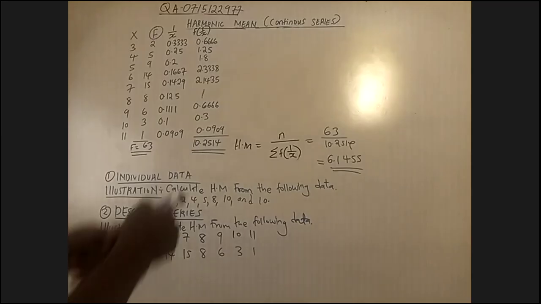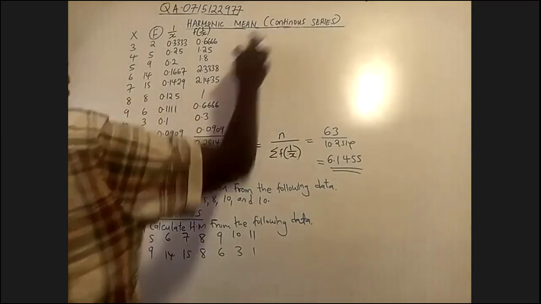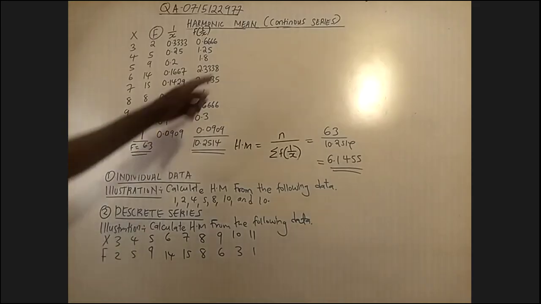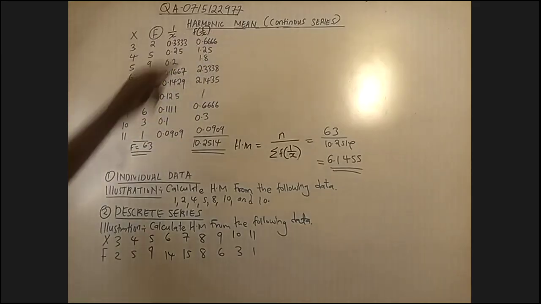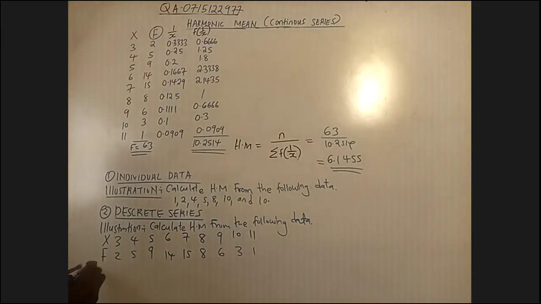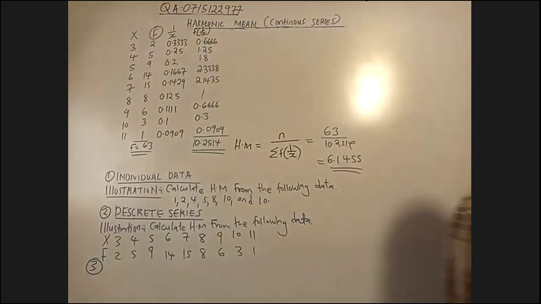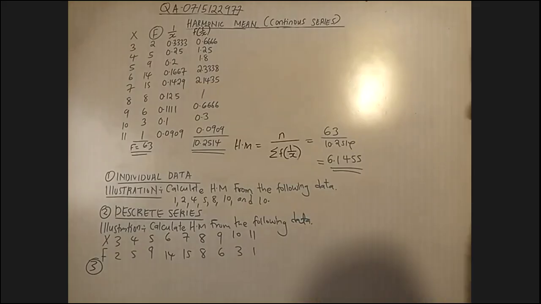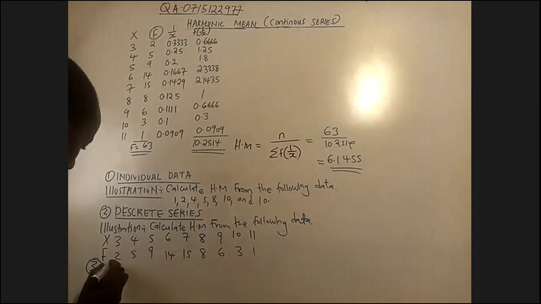Now we need to go for harmonic mean but continuous. Let us go to harmonic mean now, continuous, number 3. Number 3, continuous series, and harmonic.